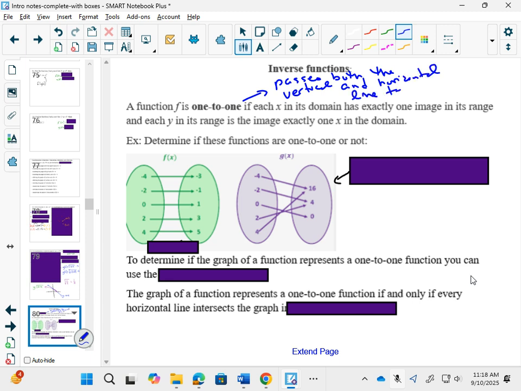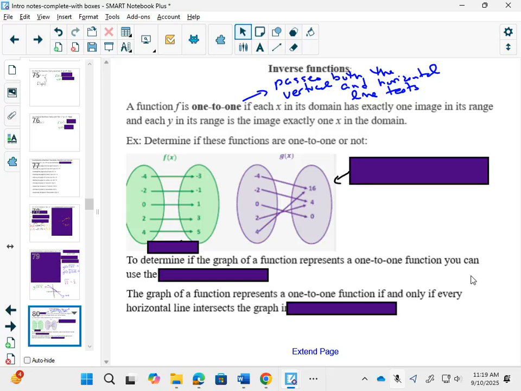We use the vertical line test to see if something's a function. You draw a vertical line across a graph. As long as it hits one point, you can say it's a function. For something to be one-to-one, it also has to pass a horizontal line test. Because when we get to inverses, you switch x and y.